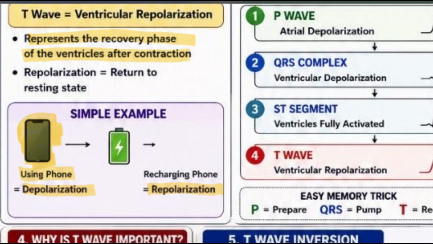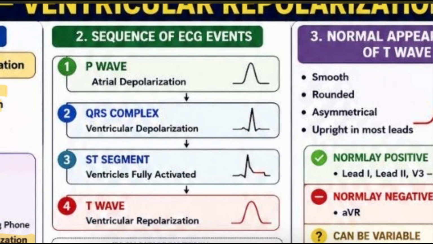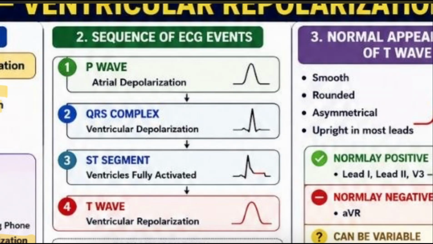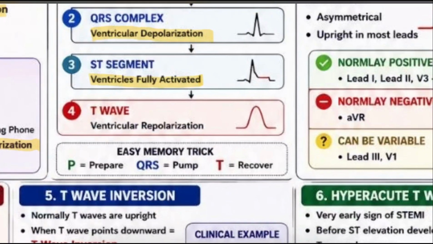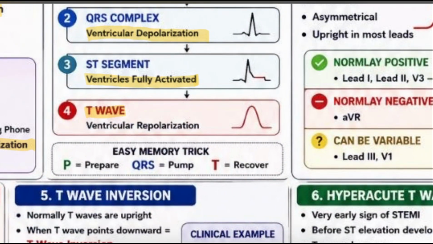Okay, so we have a sequence of ECG events. Remember this sequence. First we focus on the P wave. P wave means atrial depolarization. Next, QRS complex means ventricular depolarization, and ST segment means ventricles fully activated. At last, we can see the T wave. T wave means ventricular repolarization.